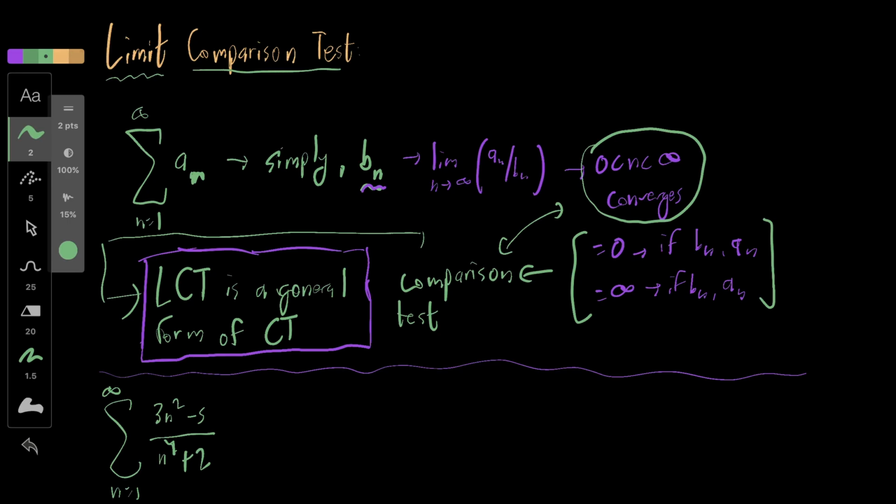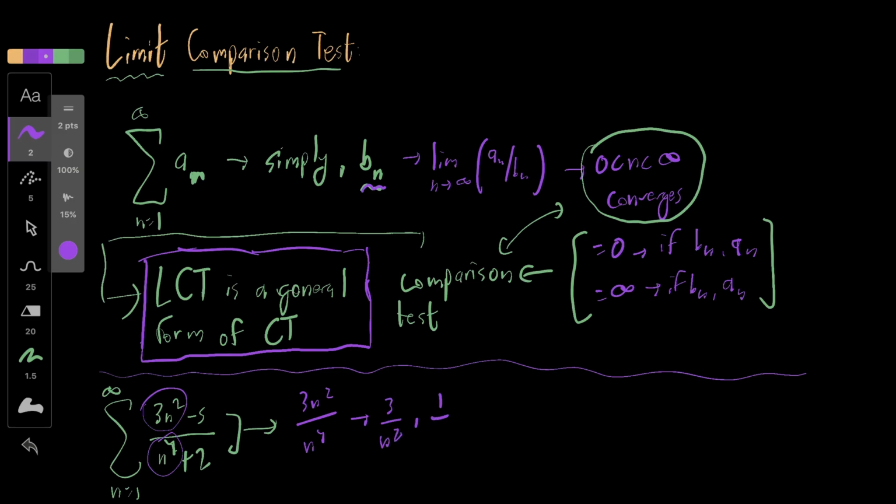When simplifying these types of rational functions, let's look at the dominant terms, or the highest degree terms of these polynomials. So we'll get 3n squared over n to the 4th, or 3 over n squared.